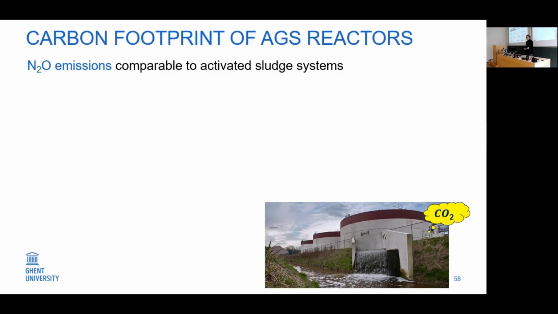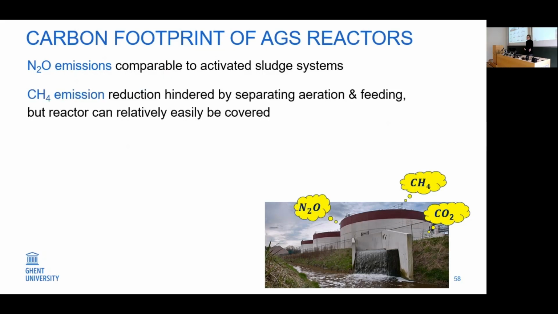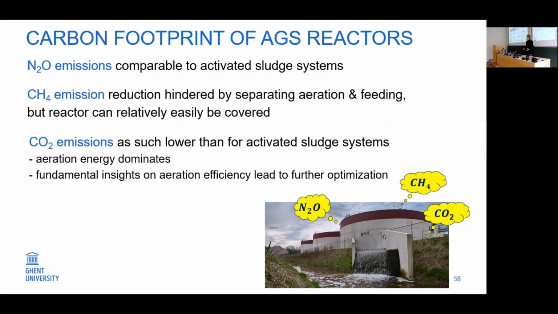We've seen that their N2O emissions are comparable to activated sludge systems. Their methane emissions seem hindered by separate aeration and feeding. We could cover those installations maybe. The CO2 emissions as such are lower than for activated sludge systems. Aeration energy dominates, and we have gained fundamental insights into aeration efficiency, which have led to further optimization.